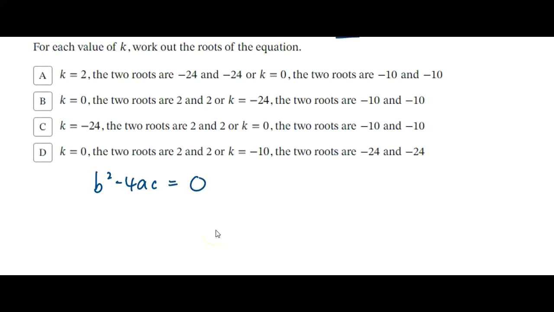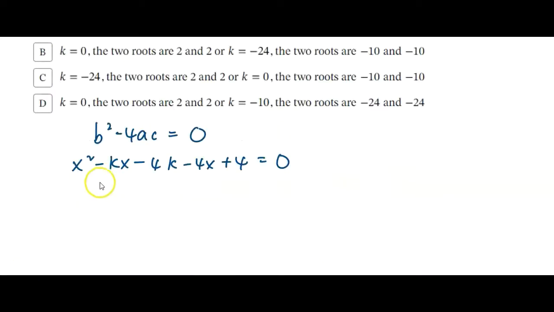So the equation has to be arranged into the general form of a quadratic equation, where you arrange the first term as x squared, followed by the x term, where you have negative k plus 4. Factor out the x, you have negative k plus 4 times x, and the c, which is your constant, will be negative 4k plus 4 equals 0.